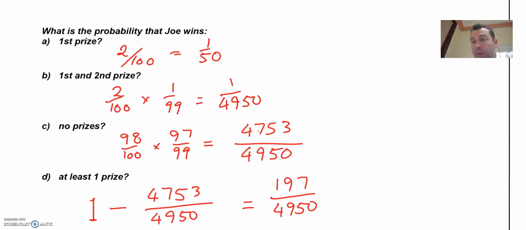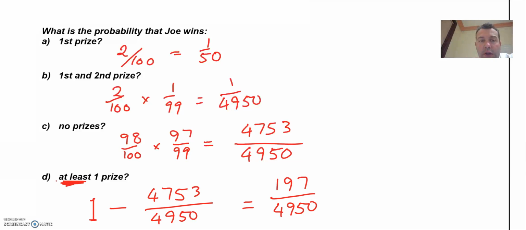Now, this is what I really wanted to come back and talk about. We have a question, at least one prize. Where you see that word or that phrase, at least, we're normally talking about the complement. Now, think about this. What is the opposite, if you like, of winning at least one prize? Could we say that he either wins no prizes or at least one prize? One of those two things happens.